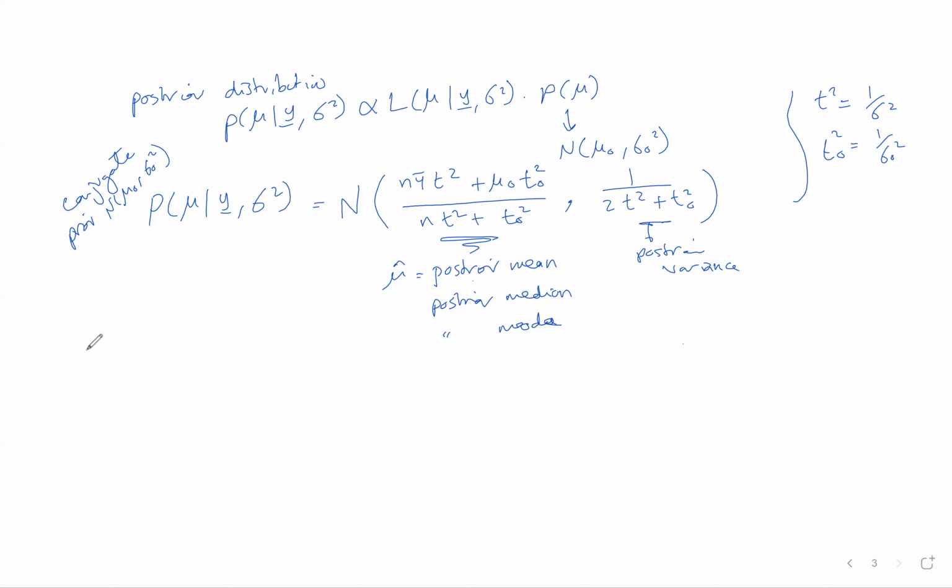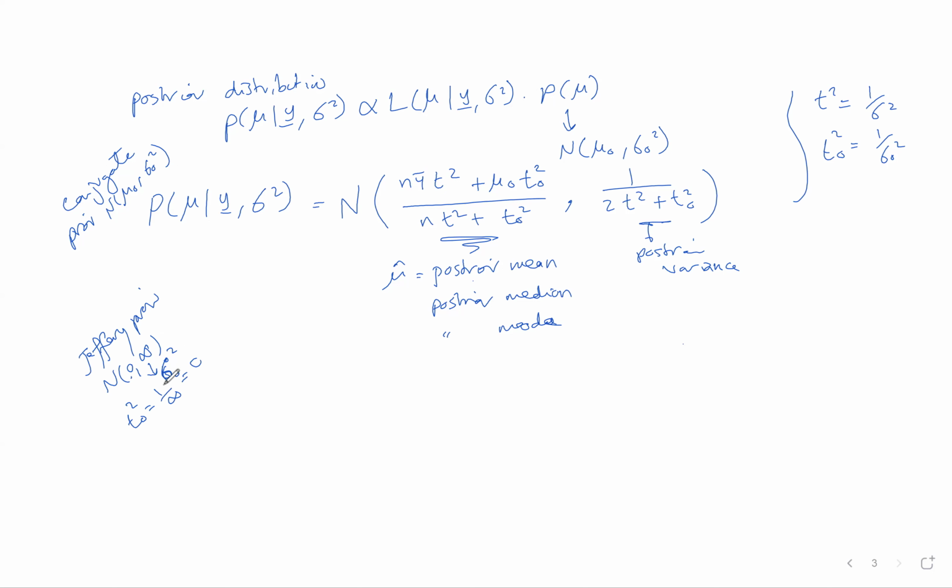What about under Jeffreys prior? Jeffreys prior is also normal distribution with mean 0 and infinity. Infinity is sigma 0 square. So when you calculate tau 0 square, it will be 1 divided by infinity, it will be 0.